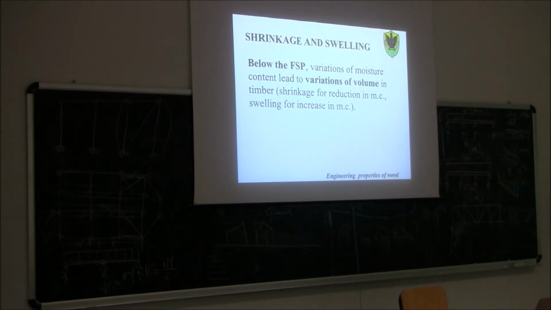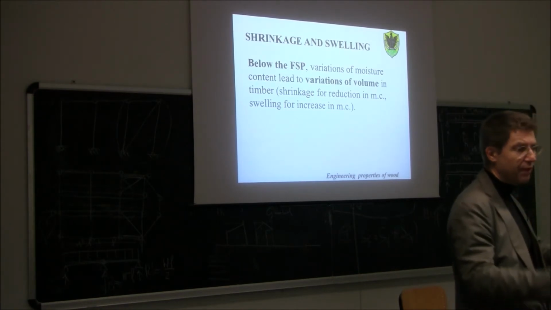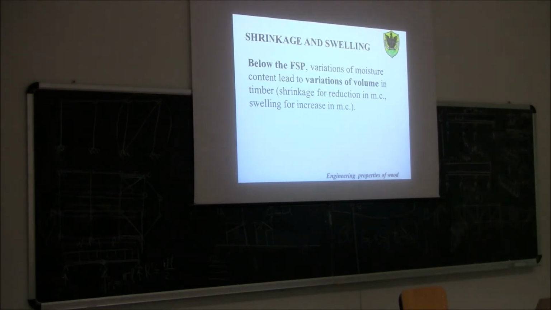And the other good reason is that if we don't dry the wood, we learned before that from the fiber saturation point to the equilibrium moisture content, so from 29% to 12%, we will have some shrinkage, so some dimensional variation.